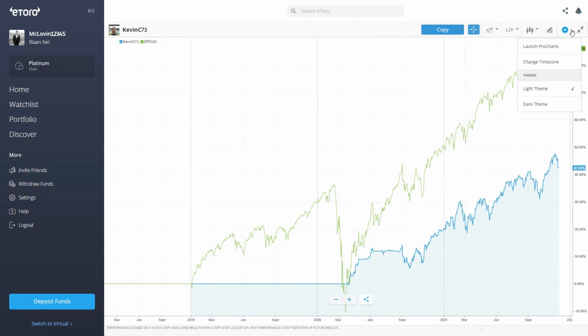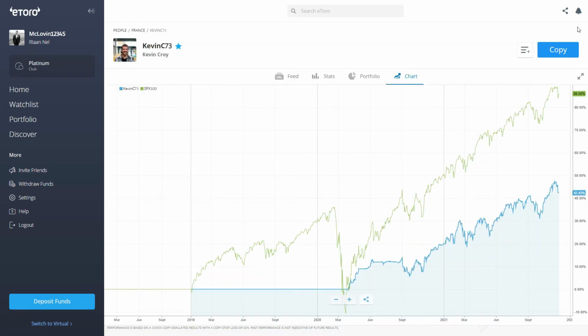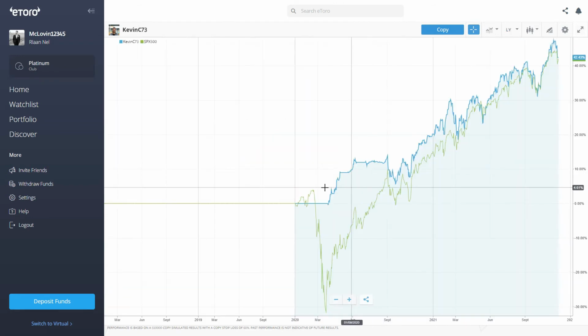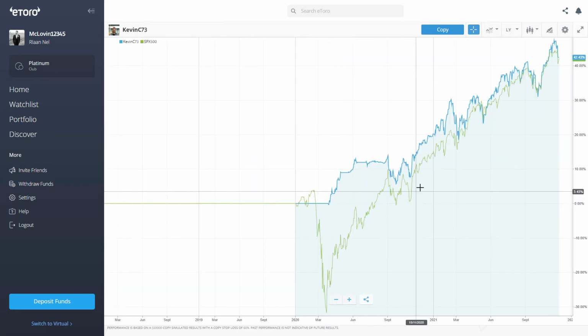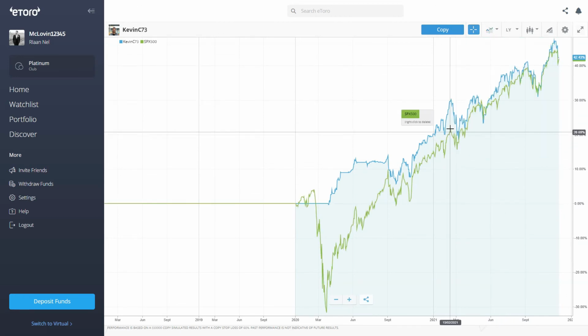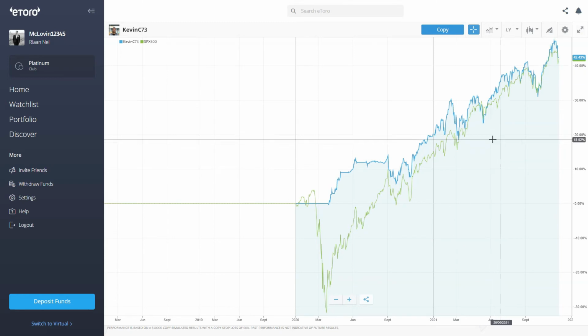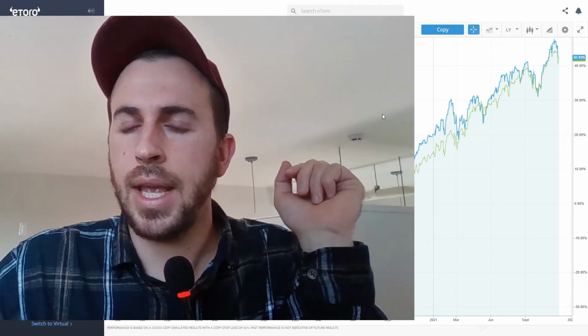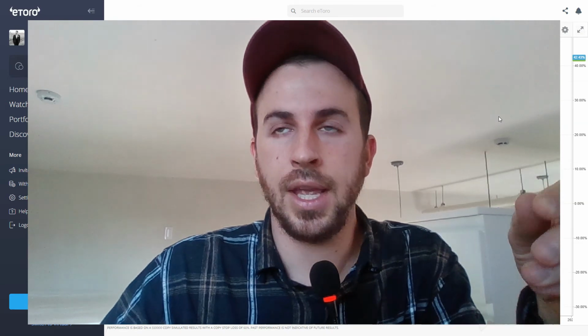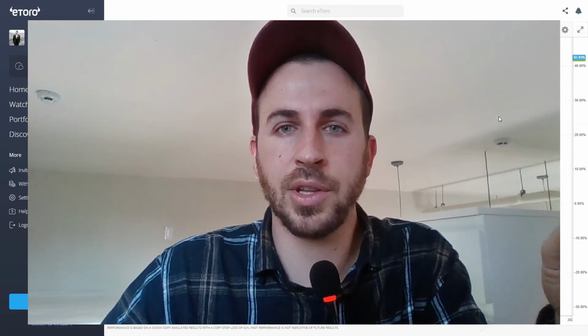Okay, now the last thing that I like to check when I'm analyzing a trade. Oh, sorry, I wanted to say with the graph, what you are looking at. Okay, let's just go for the last year. What I usually look at with the graph is I don't like to see sharp spikes. I don't like to see heavy drawdowns, because I like to use stop losses on my trades, and I feel like it's a responsible thing to do.